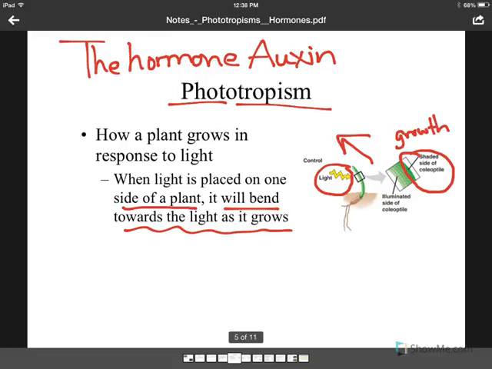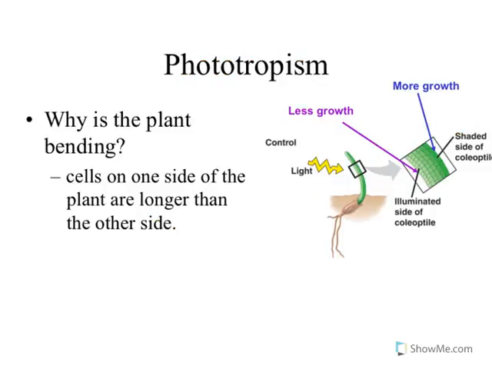So the side of the plant that doesn't receive the sunlight, those cells are actually growing more. And when you see these cells grow more, they elongate, and that's why the plant actually bends towards the light. Auxin is responsible for this phenomenon.